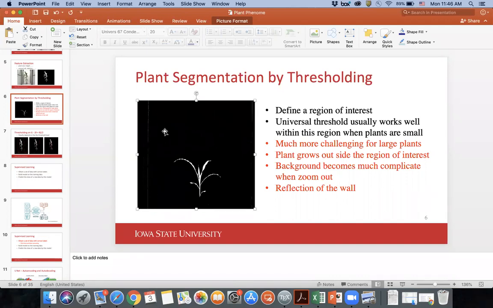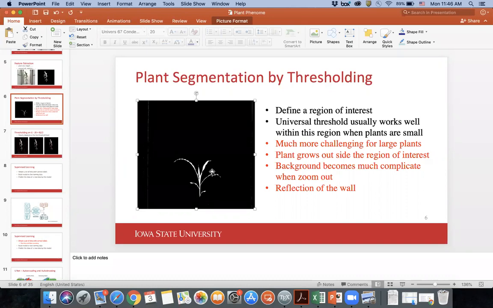If we have background noise and we want to calculate the plant width, we will calculate from here, because this is the first column with a white pixel, to whatever we have on the right side. So once we have background noise, those are outliers in this segmented image. It will affect the extracted features.